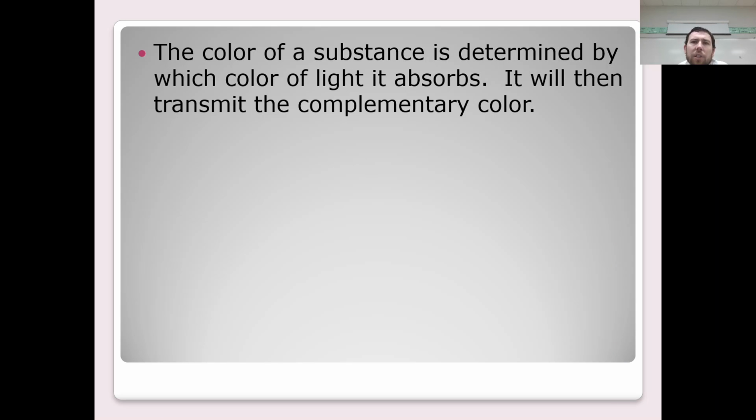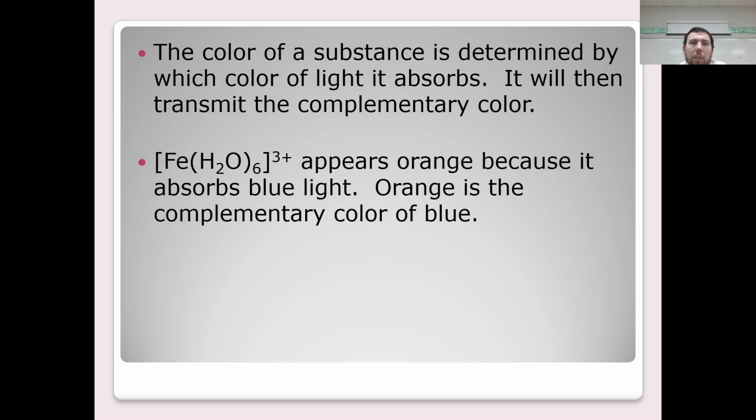Now, the color of a substance is going to be determined by which color of light it absorbs. Okay. And so certain ions absorb certain colors of light. And then when they transmit light, they're going to transmit light that is complementary to the light that they absorbed. So we look at it from this perspective.